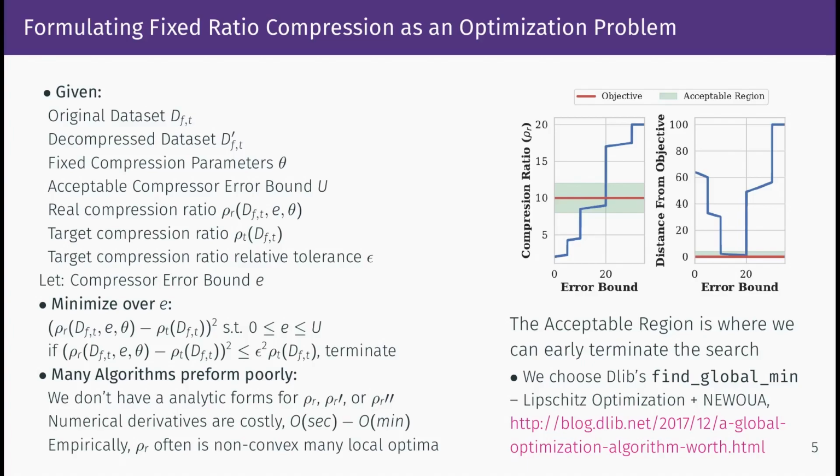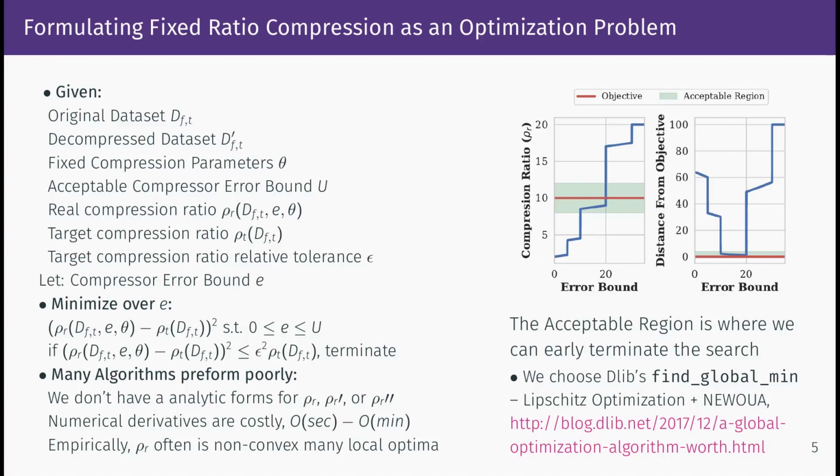And then additionally, as we saw on a previous slide, rho r is often non-convex and has many local optima. So these local optima make this problem really difficult. So to the right, we've illustrated kind of a cartoon which shows some of the different values of consideration. So we see rho r, which represents the real compression ratio for several different error bounds E.